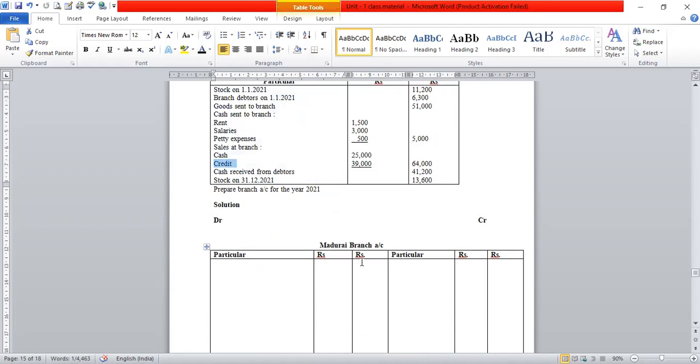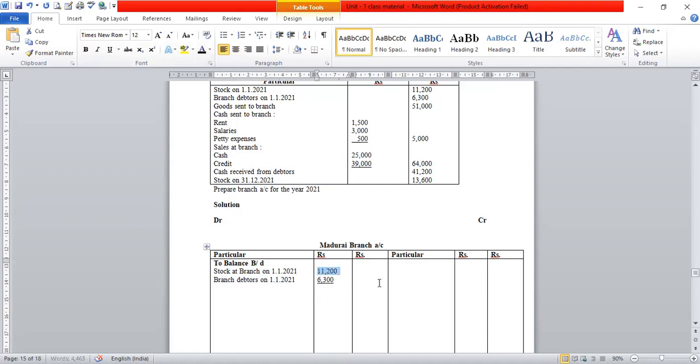Right. Very good. Now the opening stock is there, and we have to mention it in the name of balance brought down. Both kinds, stock and branch, will be there. Stock at the branch is 11,200 and another one is 6,300.